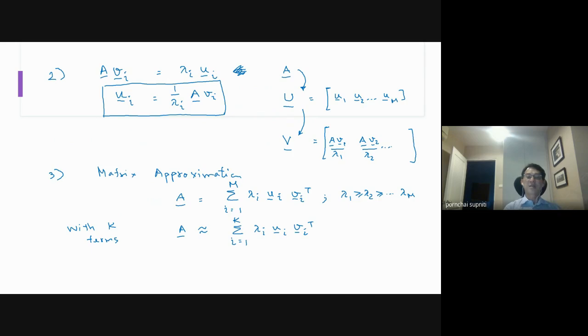The important thing here is that if we have a very large matrix or large image, sometimes the eigenvalues concentrate in only a few terms, not the whole thing. So we can do some type of approximation. Let's look at an example.